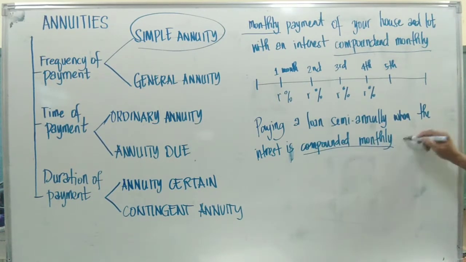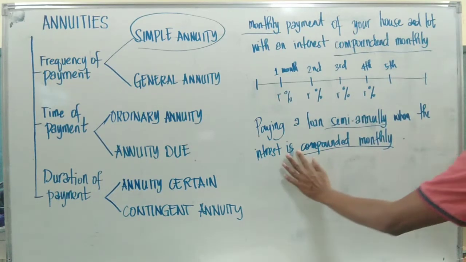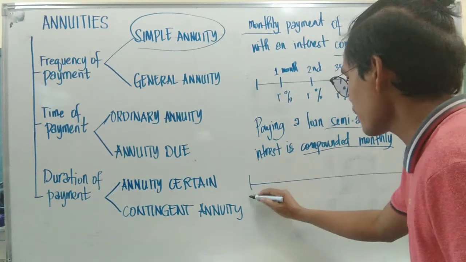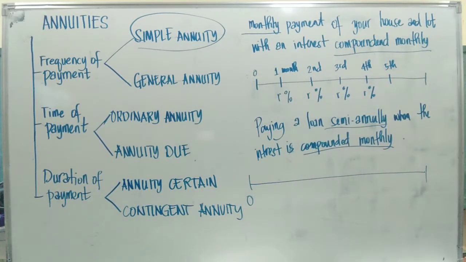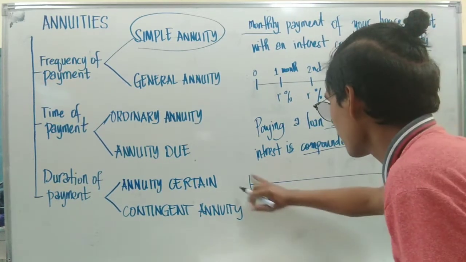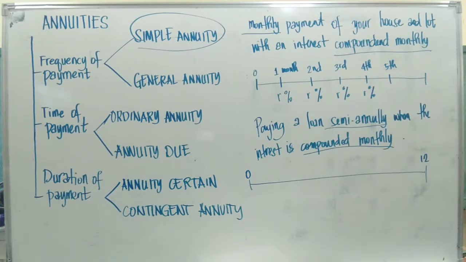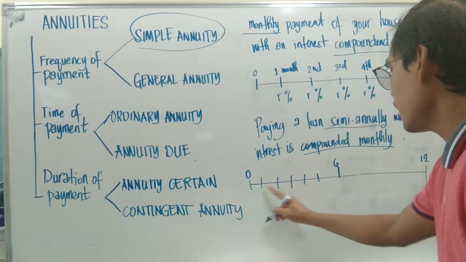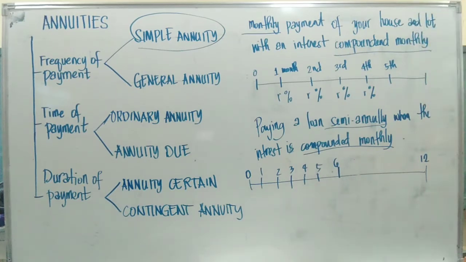Here, you can see that you are paying the loan semi-annually, but the interest of the loan is charging every month. By illustration, assuming this is 0, the first point, and we have here 12 months. Let's put these numbers above, 0 to 12 months. We have 6 months here. Then you are paying semi-annually, so you are paying every 6 months. But 1, 2, 3, 4, 5, 6.